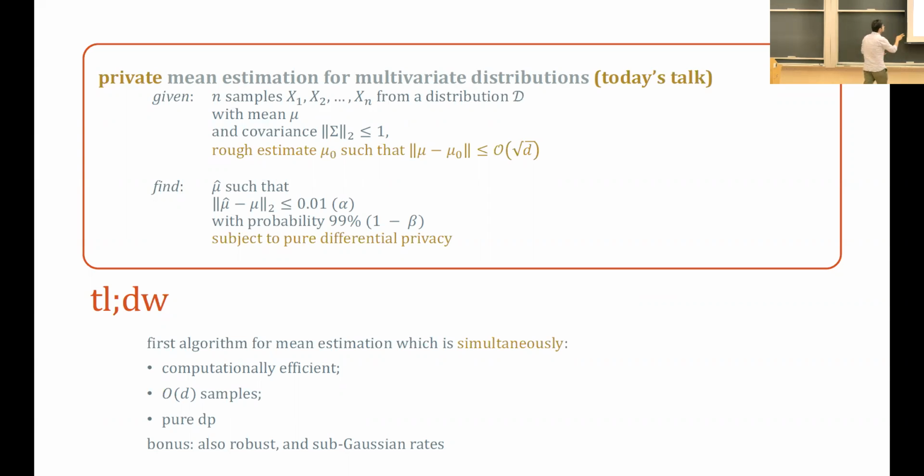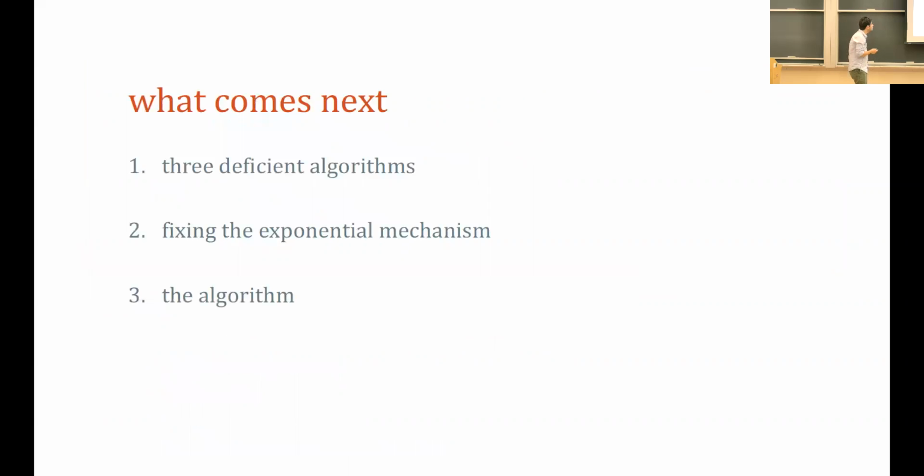Note that any 2 out of the 3 desiderata here were known how to get before. So we knew how to get computationally efficient and optimal samples, but without pure DP. But all of them at the same time was open. And I'll explain in what follows how to get any 2 out of the 3 as well.